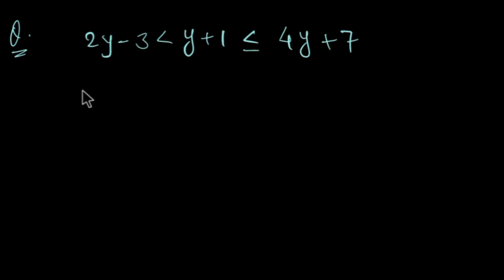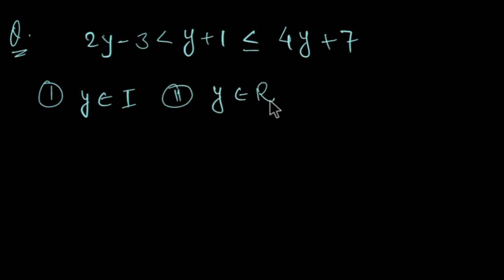You will see the first statement says that y belongs to integers, and the second statement says that y belongs to real numbers. So how to solve this question? There are two possibilities: y belongs to integers and y belongs to real numbers. First we are solving here.